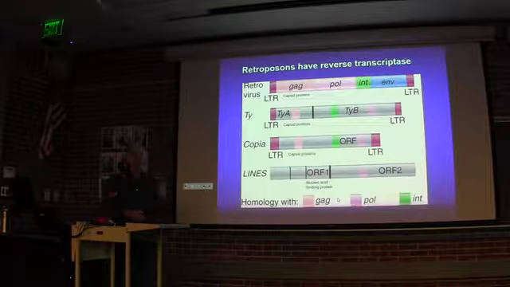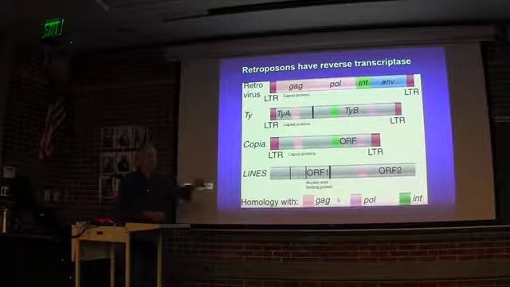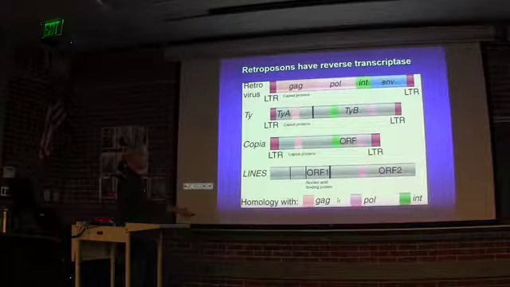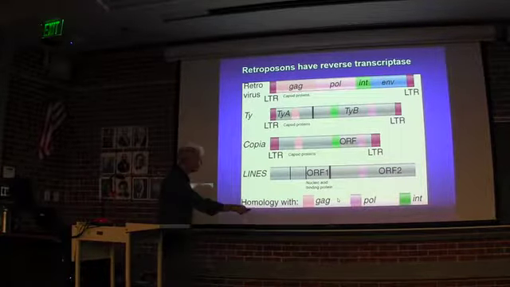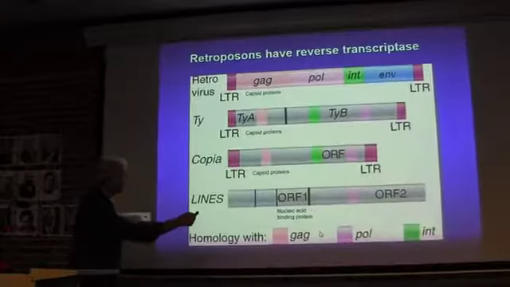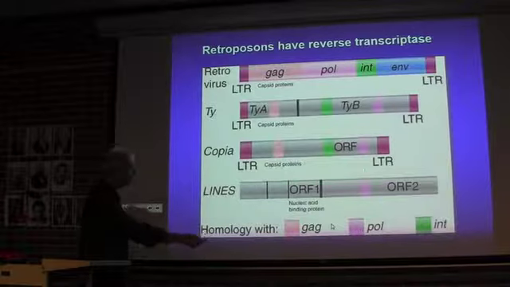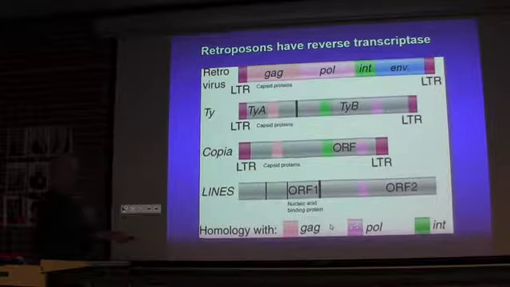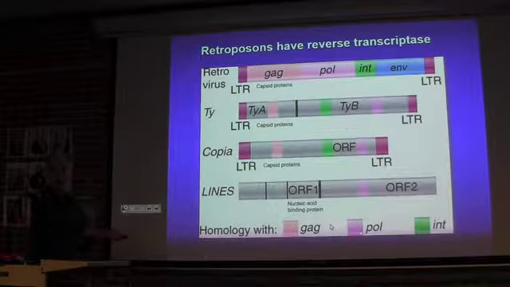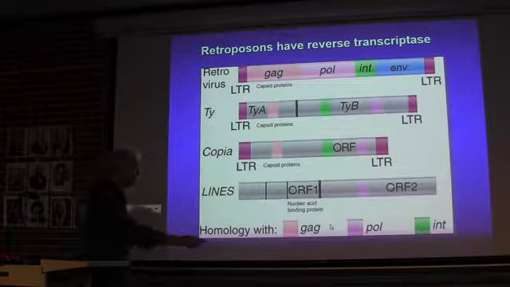But when you get down to the retroposons, not retrotransposons, but retroposons have no LTRs. There's just a little bit of enzymatic activity that's related to this Pol region. And it's reverse transcriptase still, because it still requires an RNA intermediate to move, and we'll see how that works in just a minute. But it doesn't have a lot left.